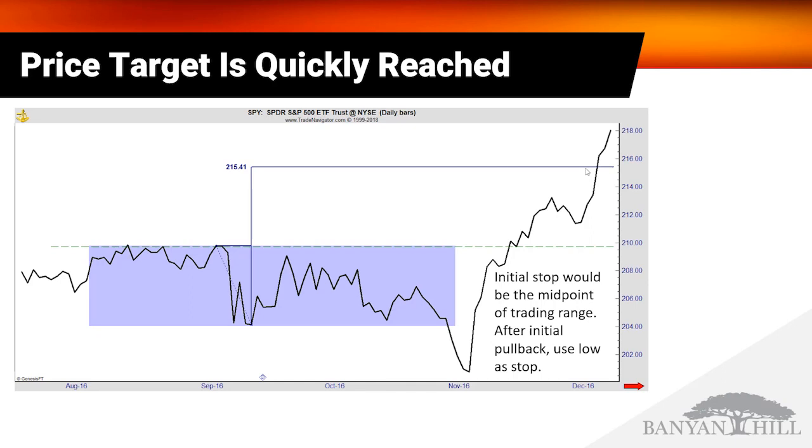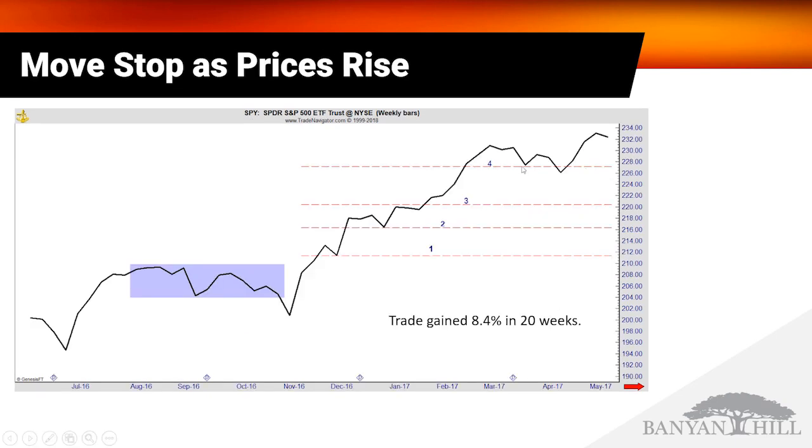In this case, again, you could take the profit or you can just move your stop closer to the market action. If we were to move the stop closer to the market action, we could use pullback. So each time we get a little dip, we raise our stop. So we do that with each dip in the market price.